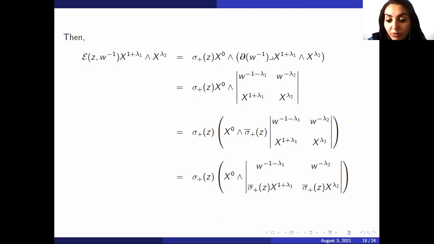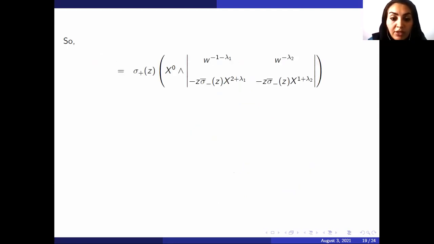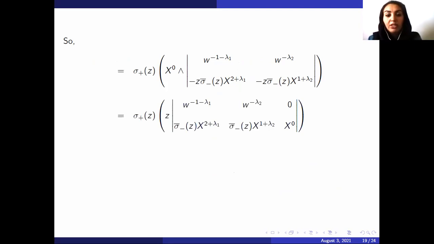And by definition, we have this equation as well, and then you can factorize z from the second row, and when you are wedging with x0, you can add this last column.